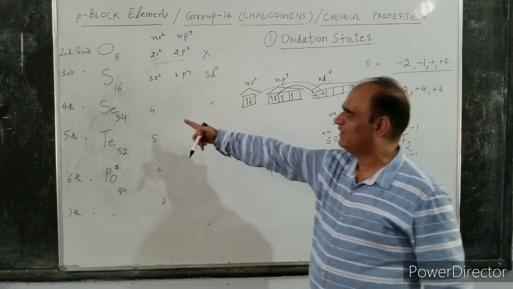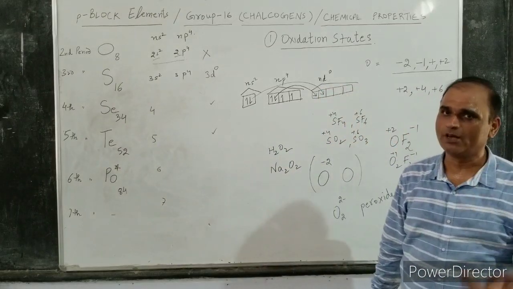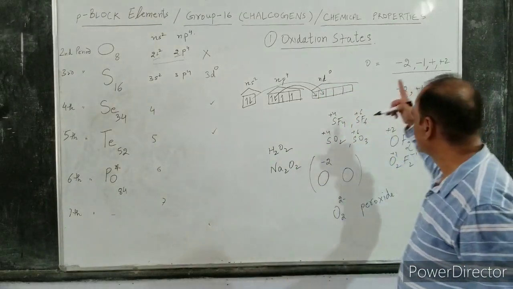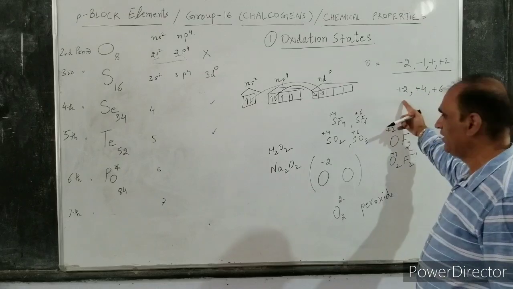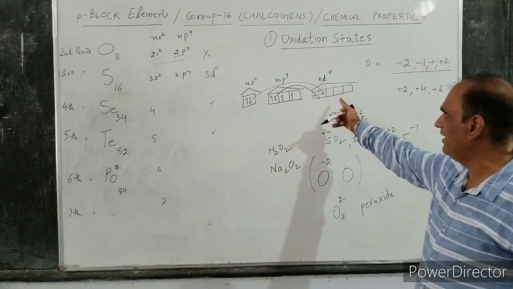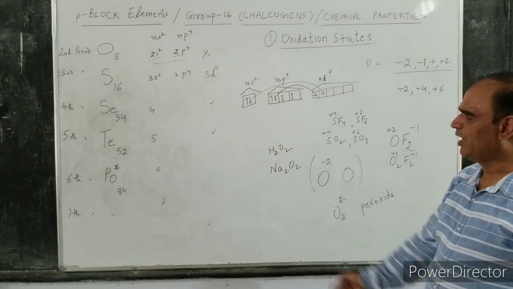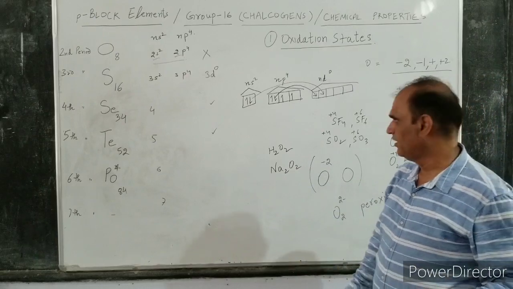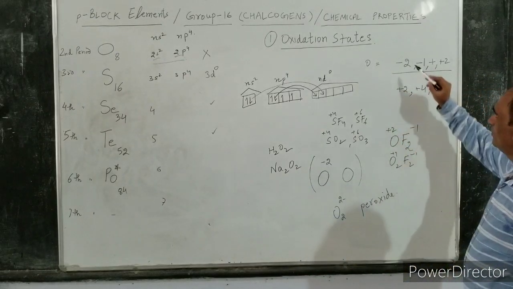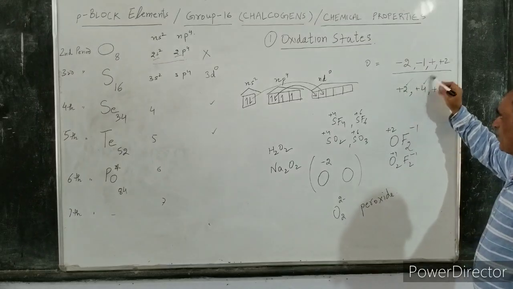Similarly, same is the case with selenium and tellurium also. Selenium and tellurium also show +4 and +6 state along with +2 due to same reason, due to presence of vacant d orbitals which are involved in excited state. Now polonium, as I told earlier, cannot show -2 because polonium is metal, it shows +2 of course and +4 also.